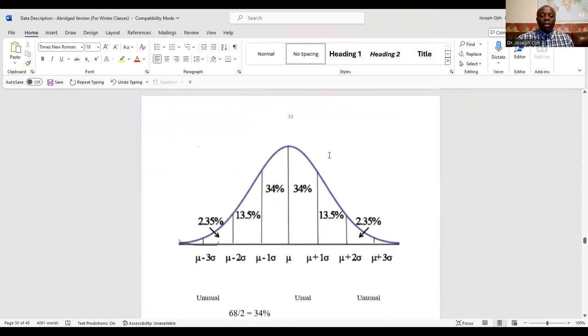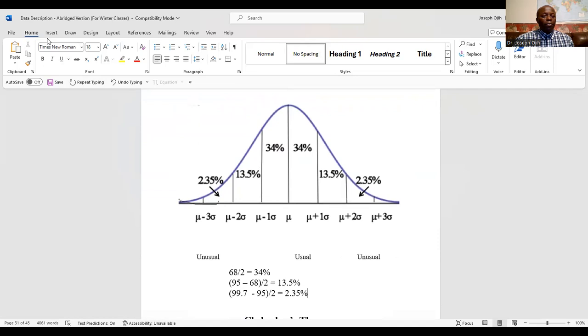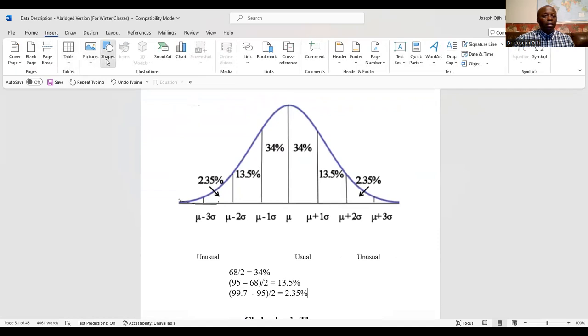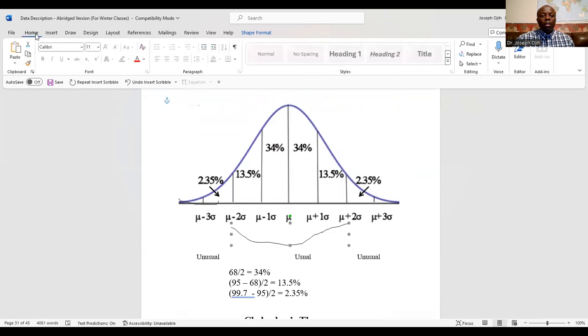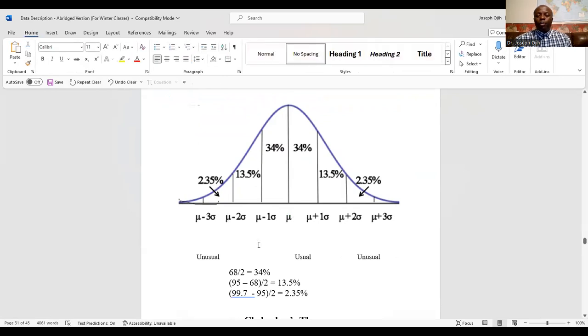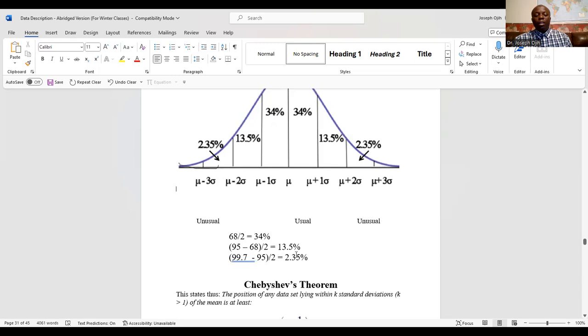So if you add from this point under 2 standard deviations to the next 2 standard deviations on the right side, you get 95%. And so on and so forth. For 99.7, you add from the 3 standard deviations on the left side to the 3 standard deviations on the right side. That will give you 99.7%.